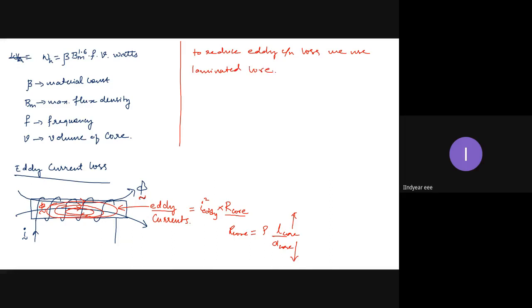Now, how does a laminated core reduce eddy current loss? That is the question.